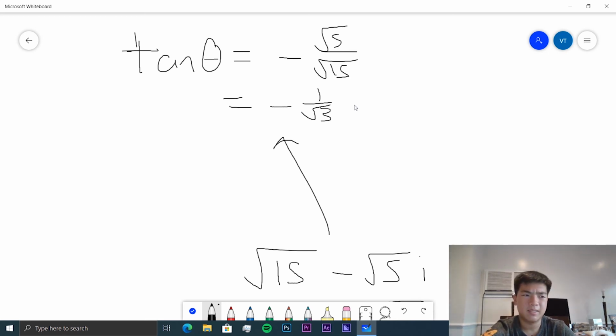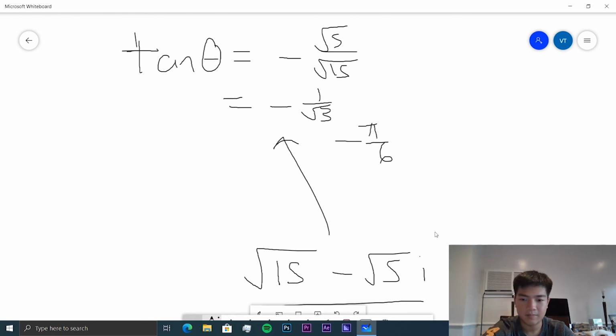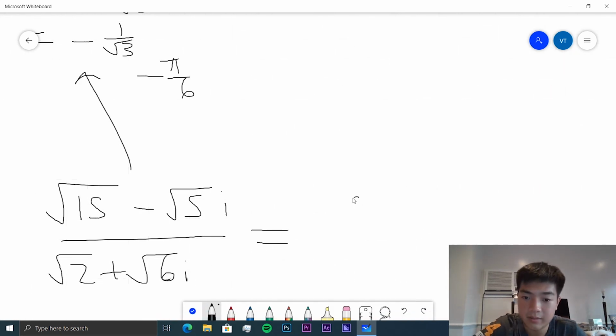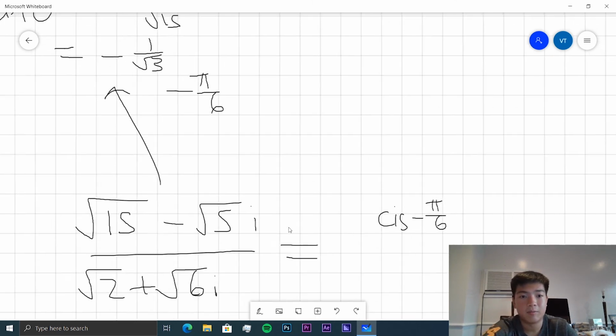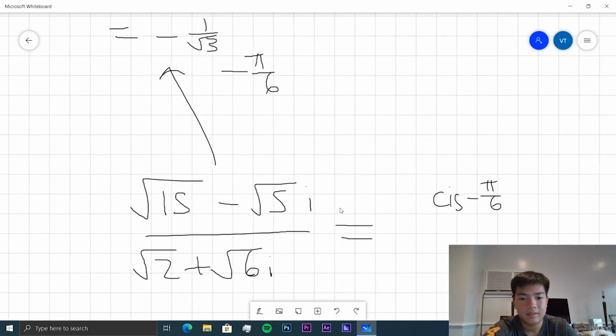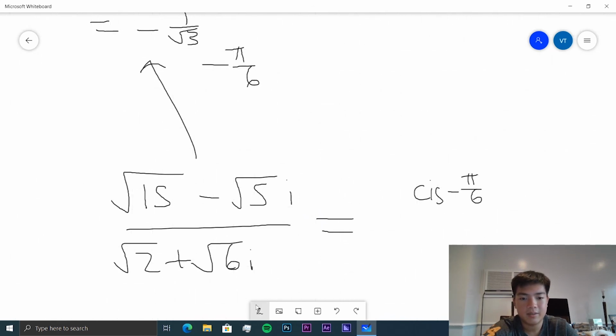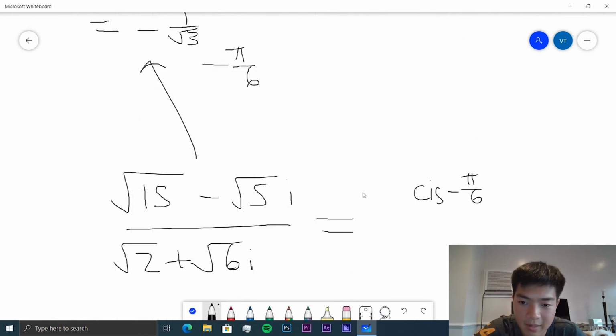And we have negative sign, so this looks like negative pi over 6. So we have cis negative pi over 6. So sine negative pi over 6 is negative 1/2. So we need to multiply this by 2 square root 5, I mean.